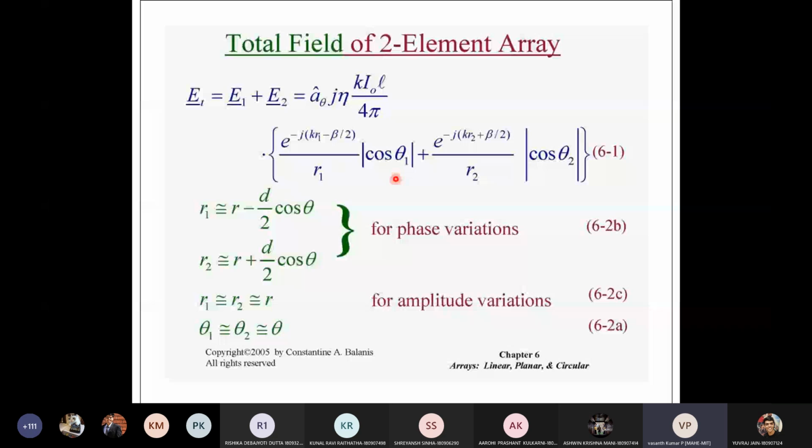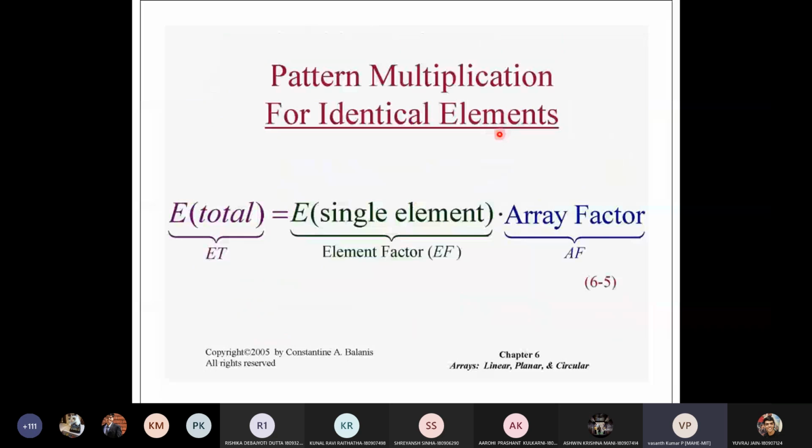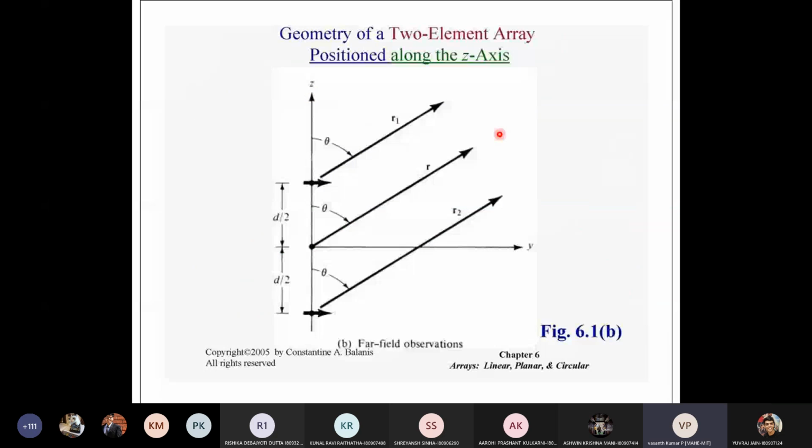And here, in place of j k r, it should be the phase. There is a phase shift of beta between the currents of the two elements, so minus beta by 2 and plus beta by 2. R1 is this, R2 is this. So here there is a phase advancement, and here a phase delay because the distance is more here.